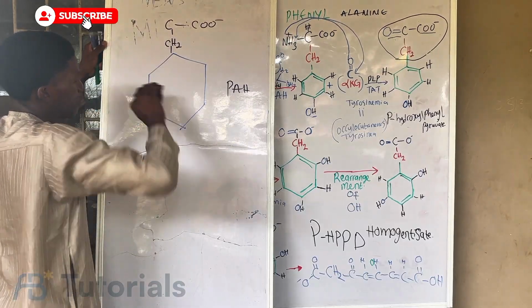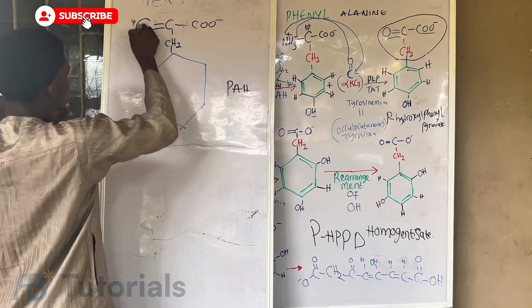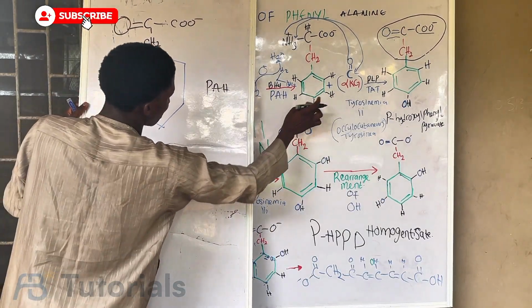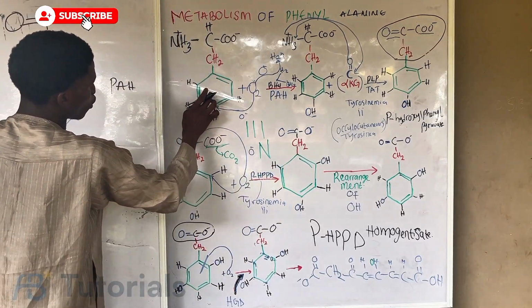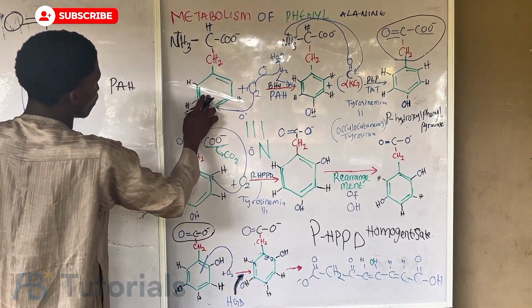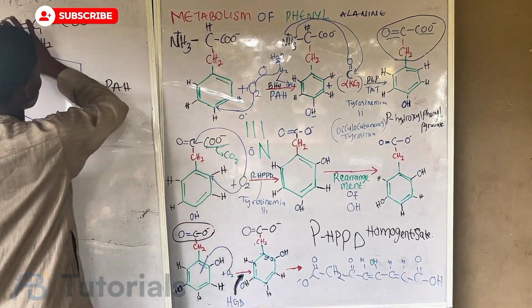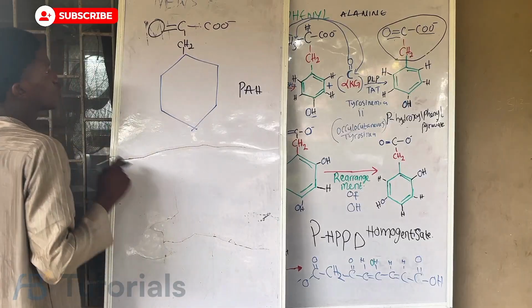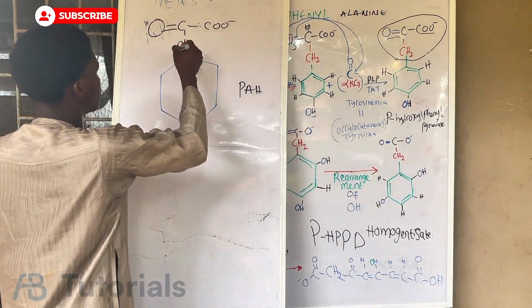So I will just remove this ammonia part and add the oxygen. This phenylalanine will undergo transamination, and this ammonia will be removed and replaced with oxygen. Do you understand?